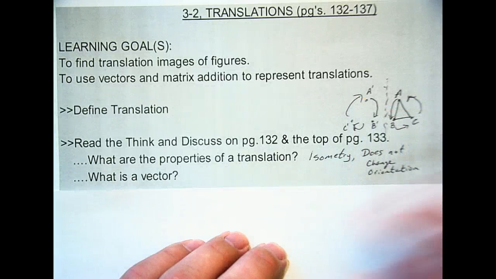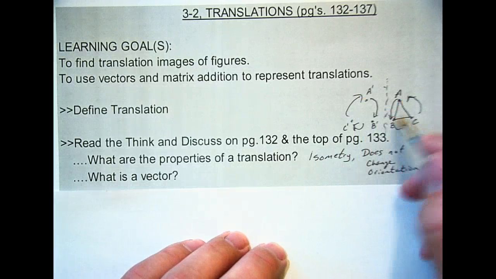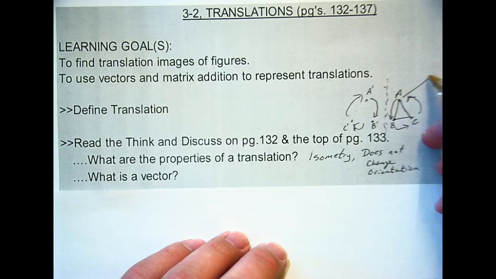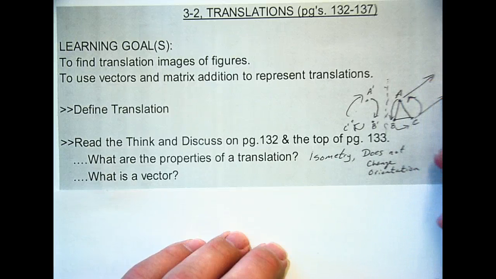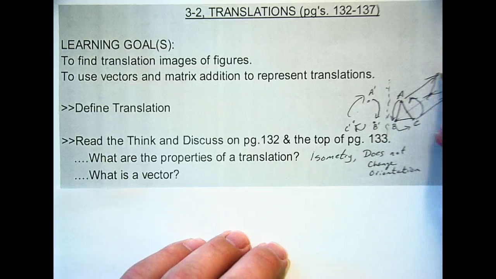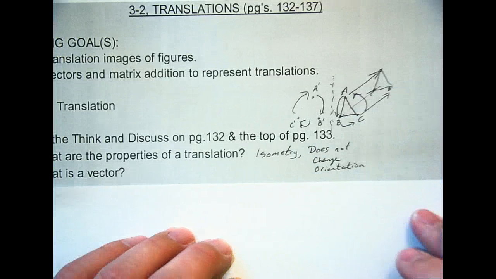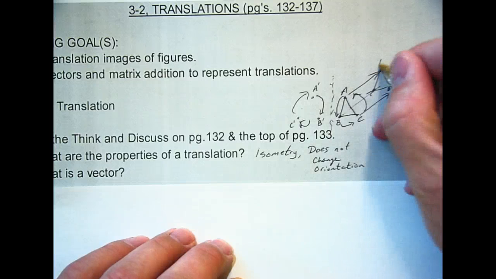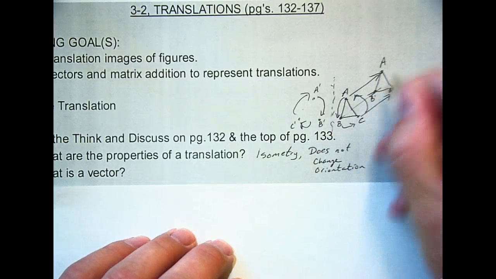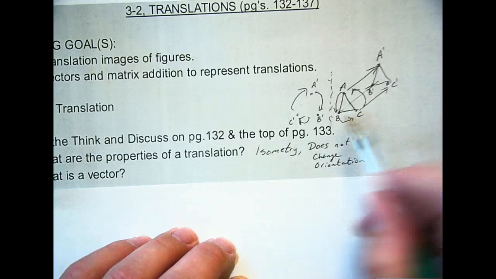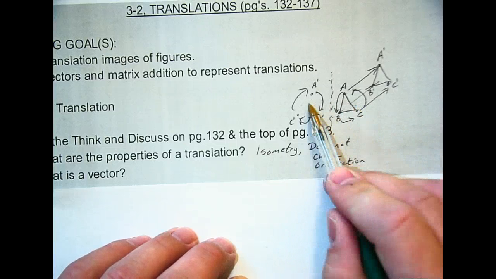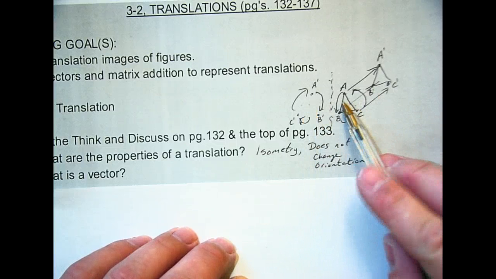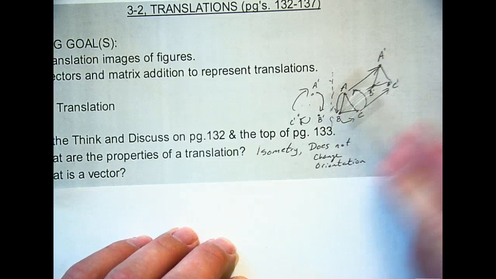Well, today's a slide. So if I take this figure and rather than reflecting, I slide it a certain distance, and each of those points travels that same distance, when I do that, does my orientation change? No, it's going to stay the same.